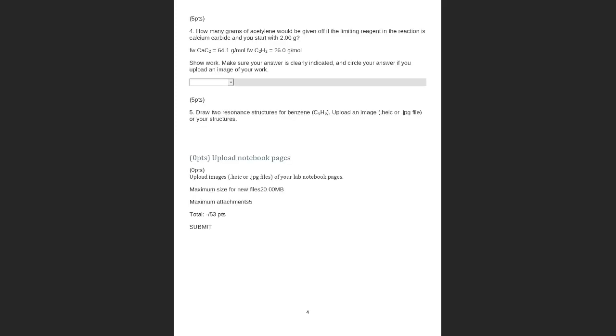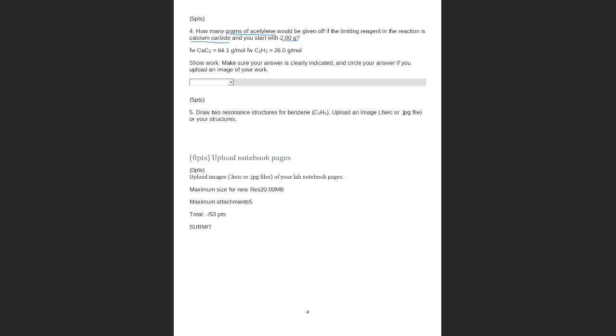Okay, it says how many grams of acetylene would be given off if the limiting reagent in the reaction is calcium carbide, and you start with 2 grams. So we saw in the reaction that I just wrote that with 1 mole of calcium carbide, you will form 1 mole of acetylene.